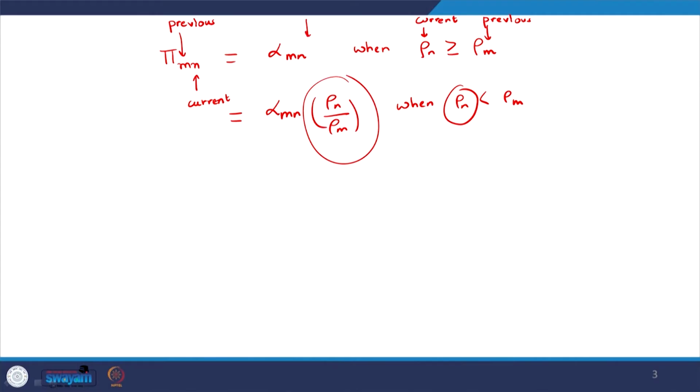So, essentially this rho n by rho m is able to weight my transition probability in a manner that gives more preference to the transitions from a state of low probability to high probability, because I did not add any factor here, and gives less preference to movements from high probability to low probability, right.